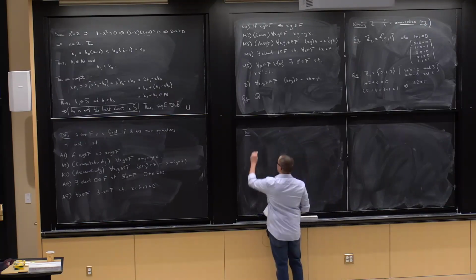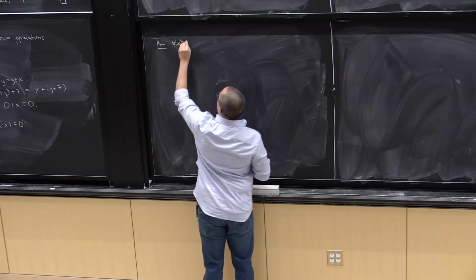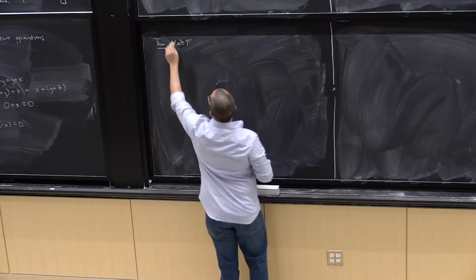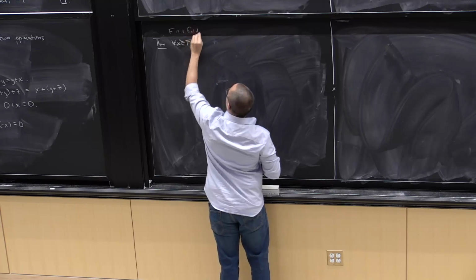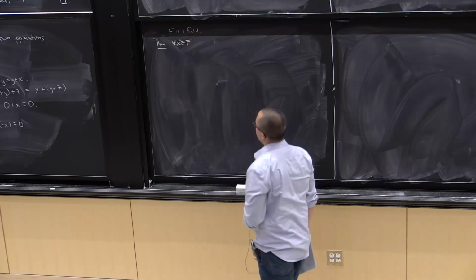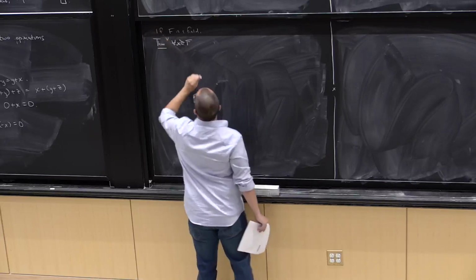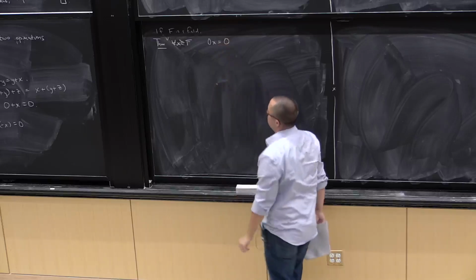You can prove the statement that if F is a field, then for all x in F, 0 times x is 0.